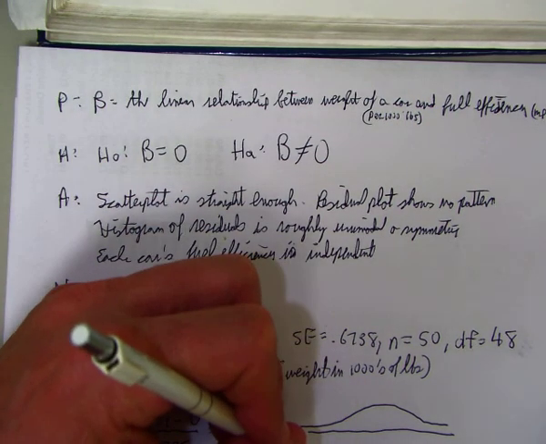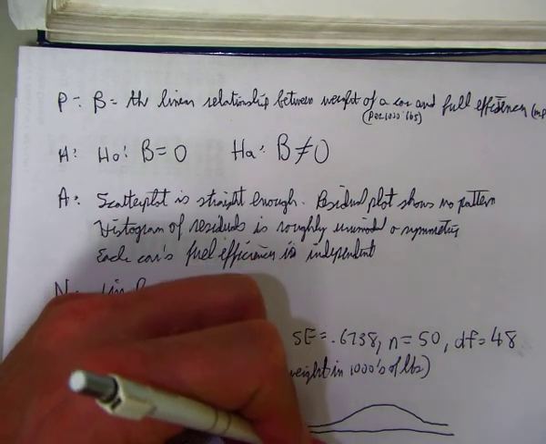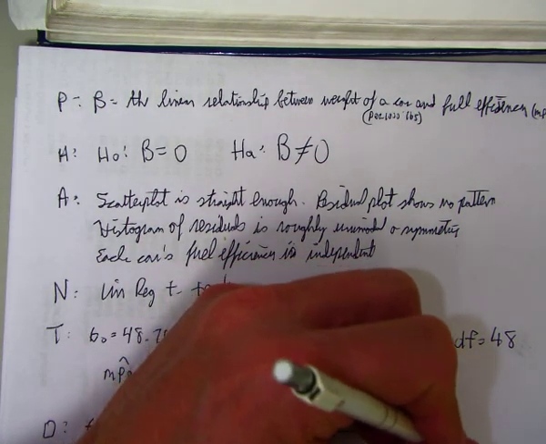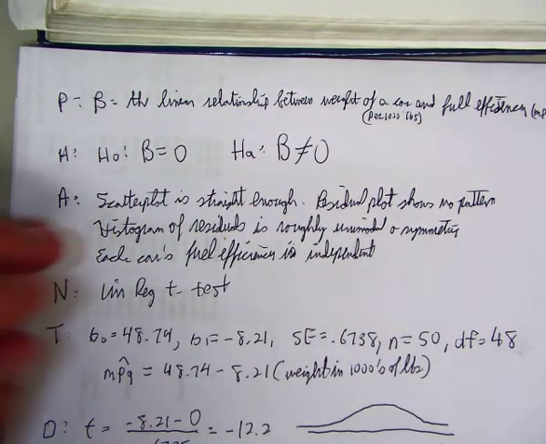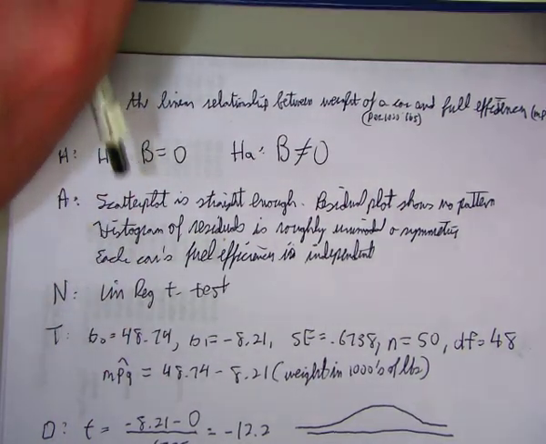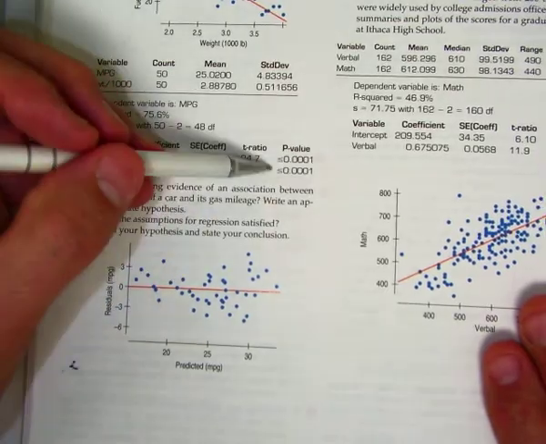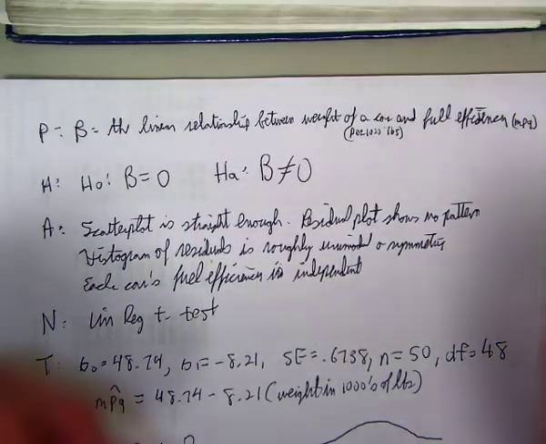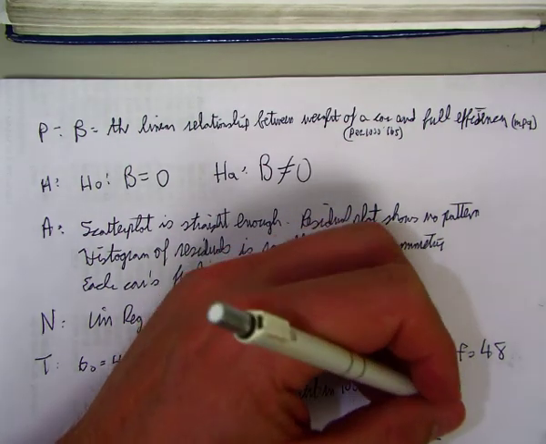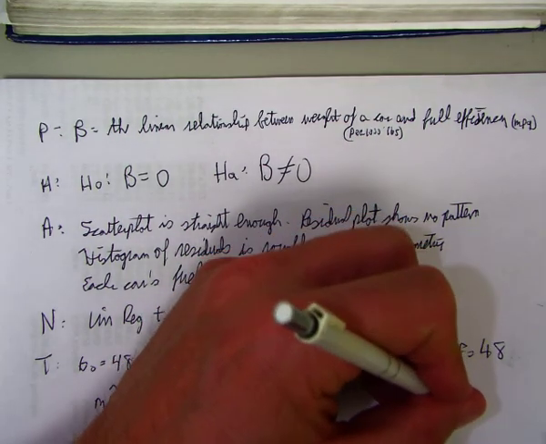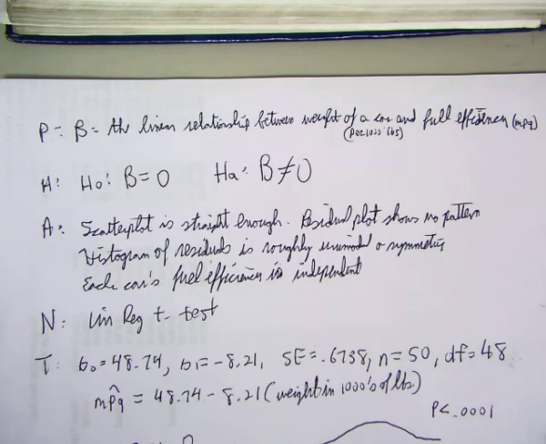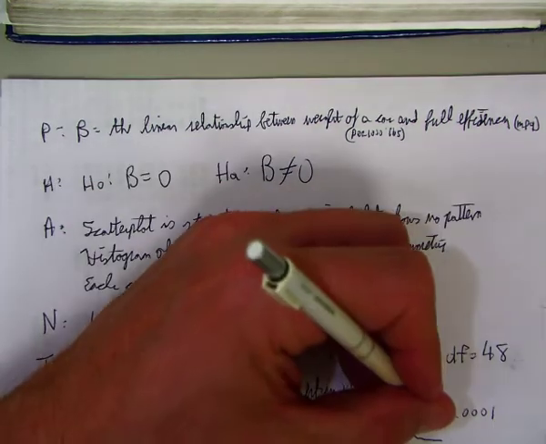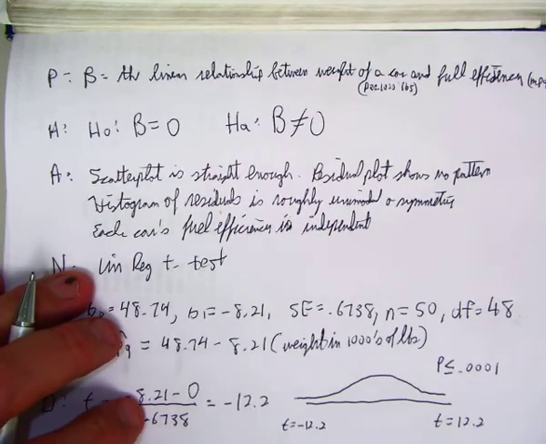Okay, so we would have T equals negative 12.2 and T equals positive 12.2. Now you see where it says here that the p-value right here is less than 0.0001. So our p-value, I'm just going to put down, is less than 0.0001. Okay, so even if we add those together, we get the same thing.